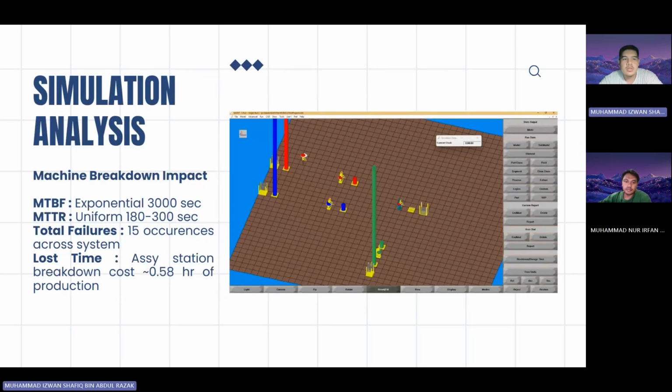Okay, then I will continue with the simulation analysis. For the machine breakdown impact, our MTBF is exponential with a mean of 3000 seconds, and MTTR is uniform from 180 to 300 seconds. The total failures are 15 occurrences across the system. For lost time, the assembly station breakdown costs up to 0.58 hours of production.